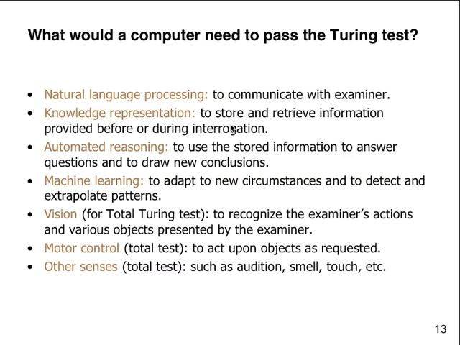Starting with natural language processing, I'm going to hit it in the first couple of lectures. Communicating with an examiner. So natural language processing is anything having to do with communication. So the spoken word, the written word, the non-written, non-verbal communication is also natural language because it's a language for communication.